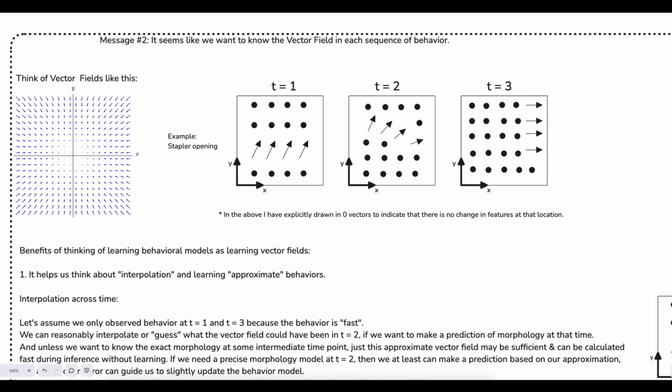If I use the above arrow example of the stapler opening, what's implied there is that at this location, the stapler is moving a little bit up. Same for that location, same for that location, and then there's no movement in these.